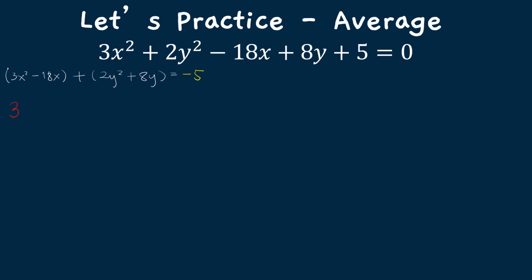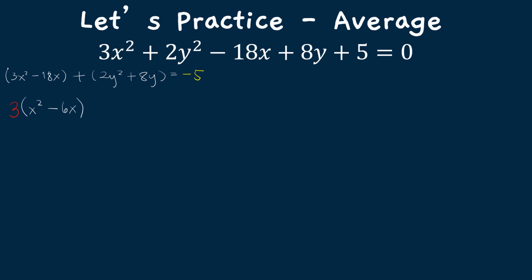constant 3 in front, and then we have x squared minus 6x. If you factor the constant or the coefficient of x squared, such as 3, you need to divide the other term by that constant. So it becomes 18 divided by 3. The answer is negative 6. The same with the variable y.